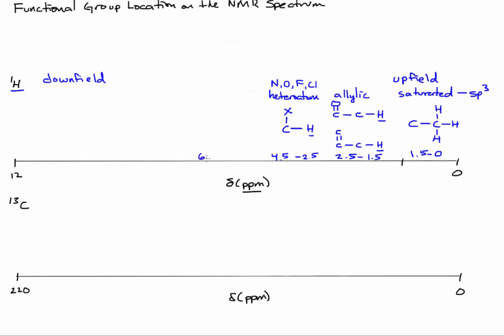So between 6.5 to 4.5 region of the chemical shift scale, we have hydrogens bonded to sp2 hybridized carbon. So this hydrogen's bonded directly to an alkene. We call that vinylic.